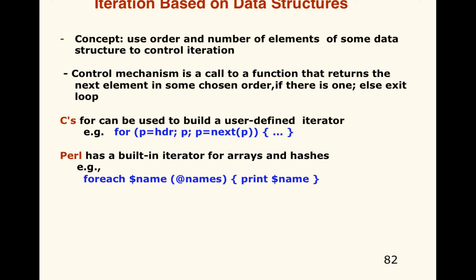So this concept is to use the order and the number of the elements of some data structure to control the iteration. So instead of using a loop that you're creating, you're using the data to control the iteration. So the control mechanism is a call to a function that returns the next element in some chosen order, if there is one, else it exits.